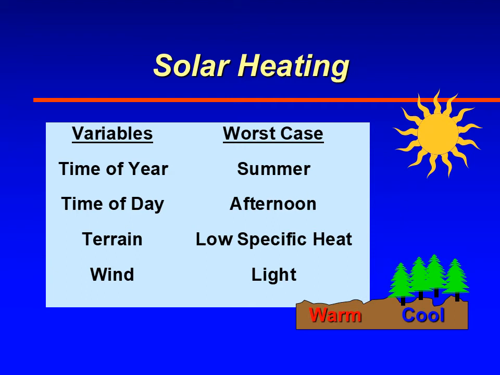So if the terrain is very rocky, mountainous terrain tends to have very low specific heat and usually the worst type of convective turbulence. And also, when the winds are rather light, thermals are allowed to rise straight up. If the winds are very strong, then the thermals get all mixed up and chopped up and never produce convective turbulence.